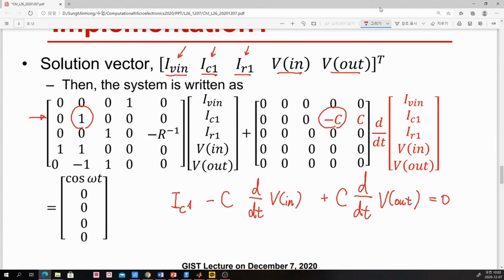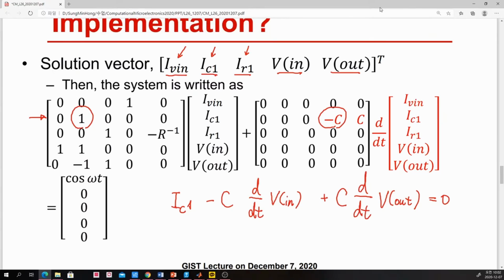Yes, this is nothing but the expression for the capacitor current.